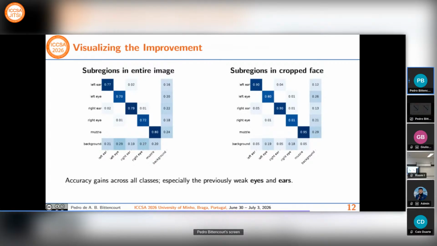Notice how the diagonal becomes significantly darker in the right matrix. This means more correct predictions. The improvement is especially visible for ears and eyes, which were the weakest classes before. The background confusion row also decreases substantially, confirming that removing the background through face cropping is indeed the key design choice.